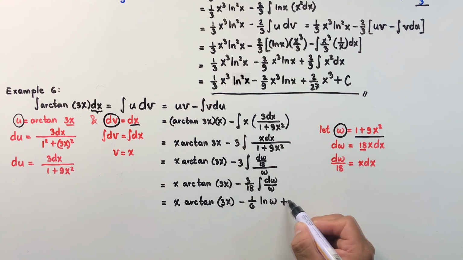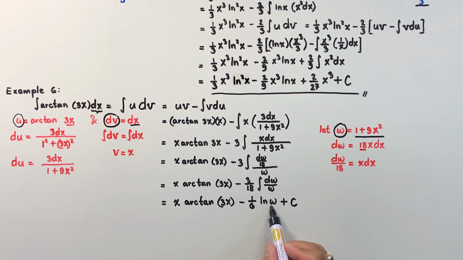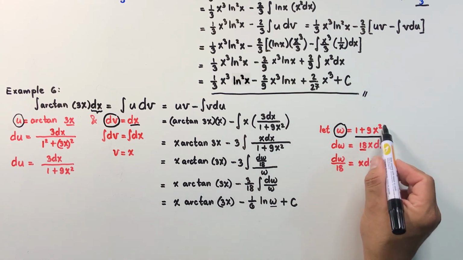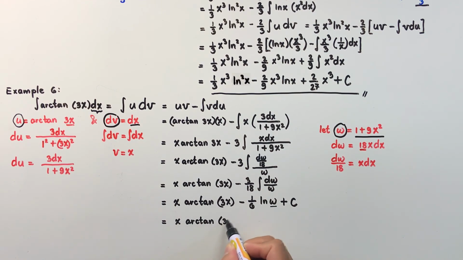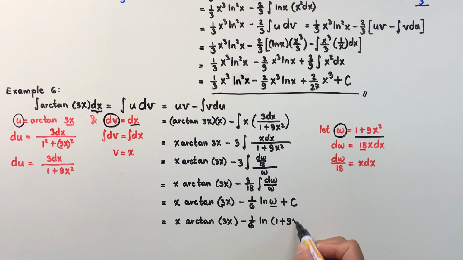And of course, this will be added to the constant of integration, c. So going back to our original representation for w, which is this one, we have x times the arctangent of 3x minus 1/6 of the natural log of 1 plus 9x squared plus the constant of integration c.